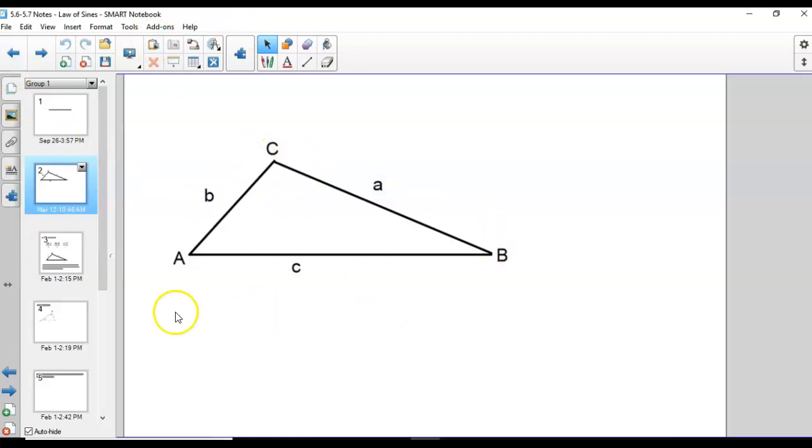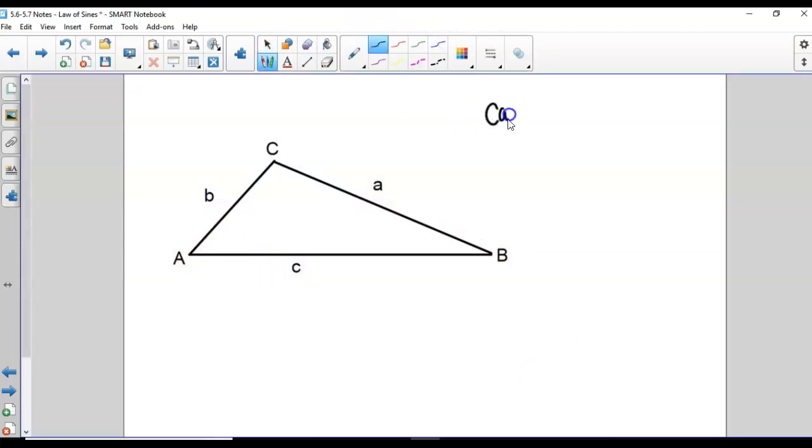So it's used for a lot of situations. One quick note, when you see this triangle here, capital letters, those are angles. Lowercase, those are the sides.